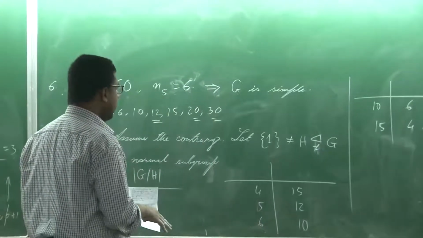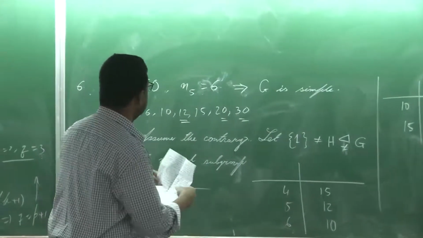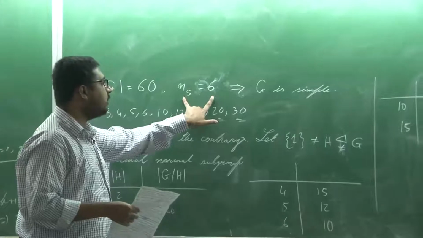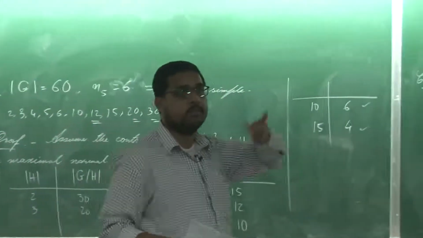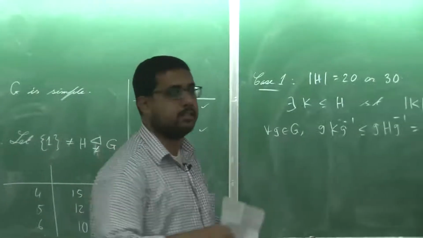And that makes things interesting, because we now have inside H 6 Sylow 5 subgroups, and no two Sylow 5 subgroups will have non-trivial intersection.